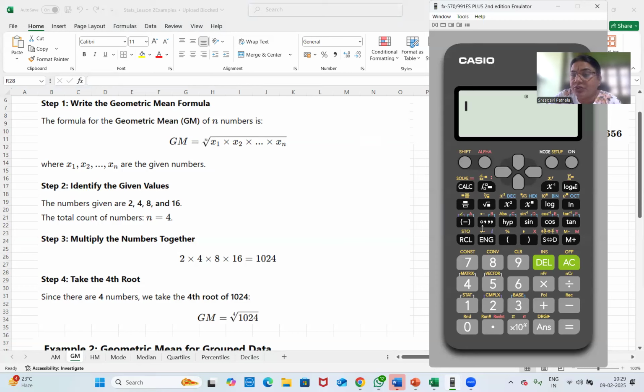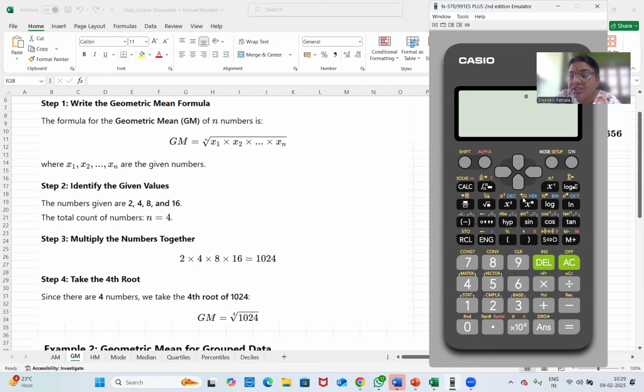It is a Casio calculator, FX series, and ES991 is the model. I'm not explaining everything right now, only whatever is required for this geometric mean.